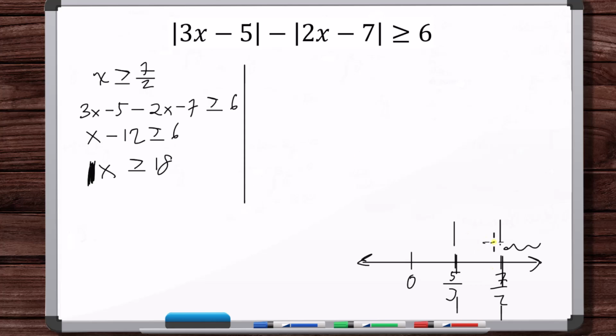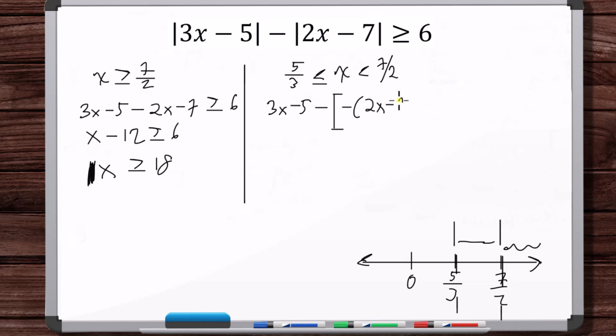Next, we've got x is less than 7 halves, and x is greater than or equal to 5/3. In that case, this is going to be positive or 0. This is always going to be negative, so we've got 3x minus 5. Put a minus out front, this becomes plus, and then we could just do 2x minus 7.